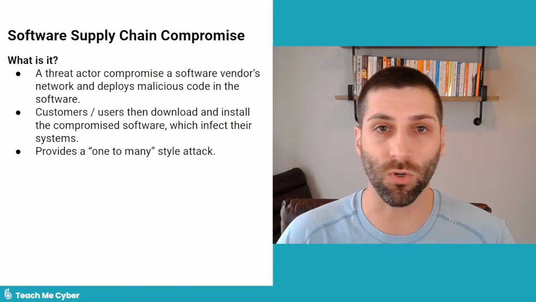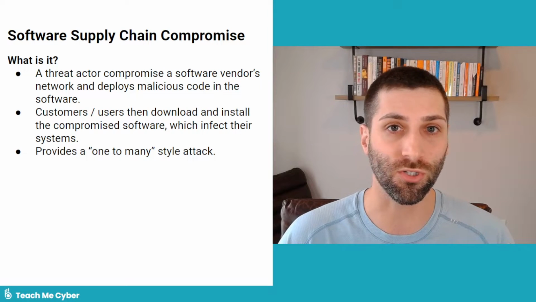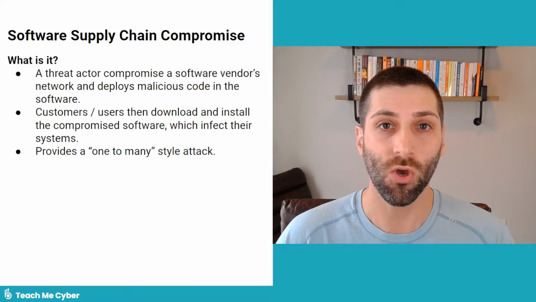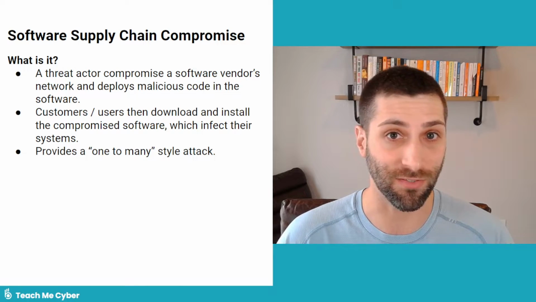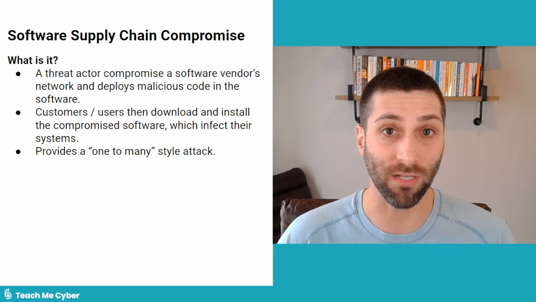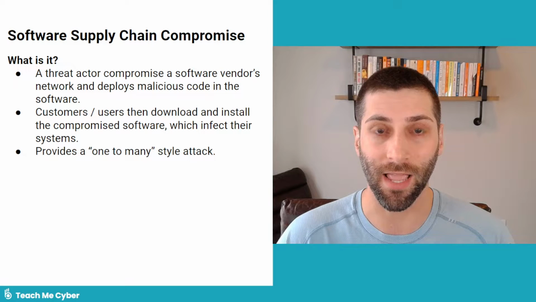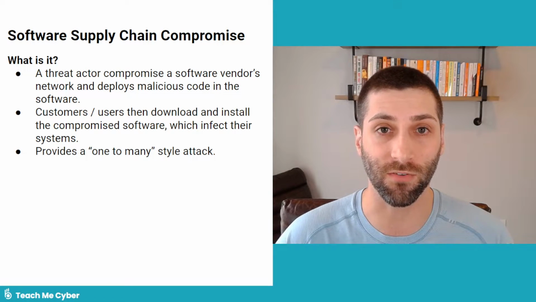When a customer or a user of that vendor goes to download and install or just use that software, their systems potentially become infected, which then allows the attacker to get access to that customer or user system. I like to refer to these as a one to many style attack because when done properly, the attackers can target one single environment and from there infect hundreds, maybe thousands of different environments.